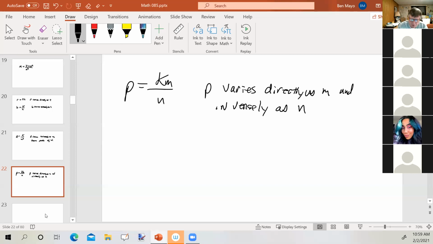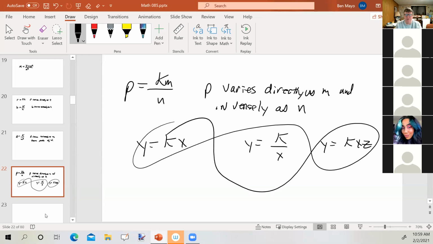I want to remind you, K is present in all three forms. K is always on top. So you're going to want to have these three general forms memorized, because you don't know which kind of variation they're going to give you.